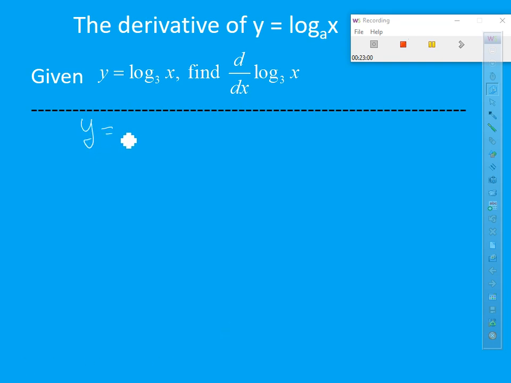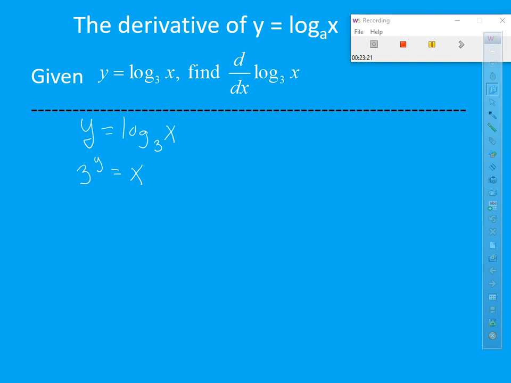I've got y equals log to the base 3 of x. We know nothing about the log function. So I'm going to rewrite it as something that I do know something about now. I'm going to write this as an exponential. I'm going to write this as 3 to the y equals x.